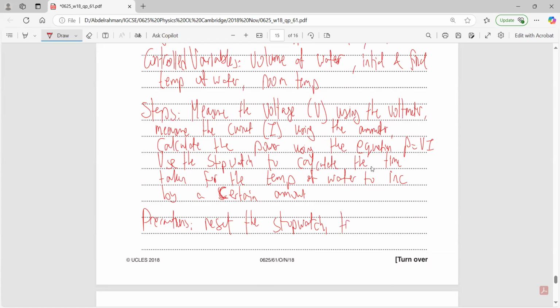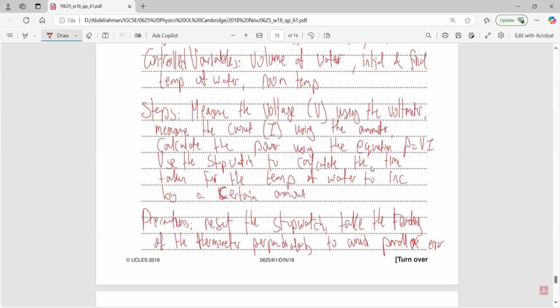You can say take the reading of the thermometer perpendicularly. Why? To avoid the parallax error. Taking the reading perpendicularly to avoid the parallax error.